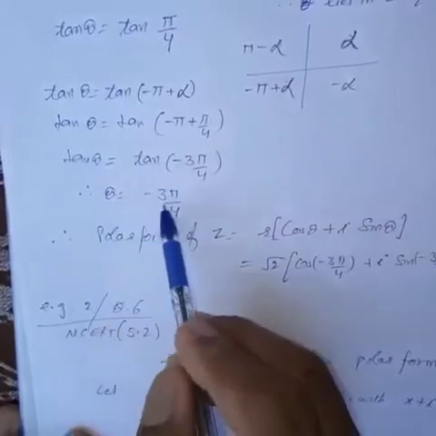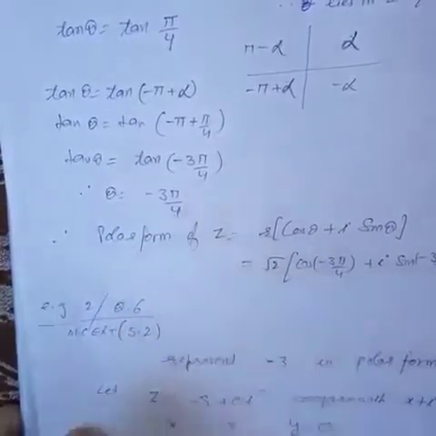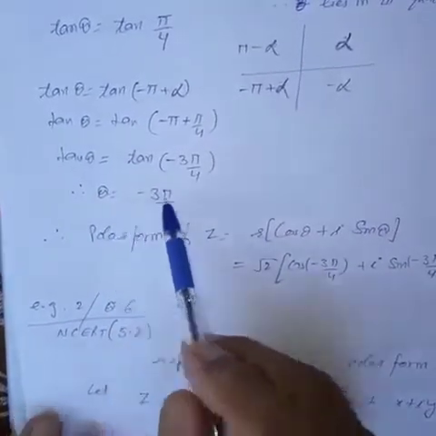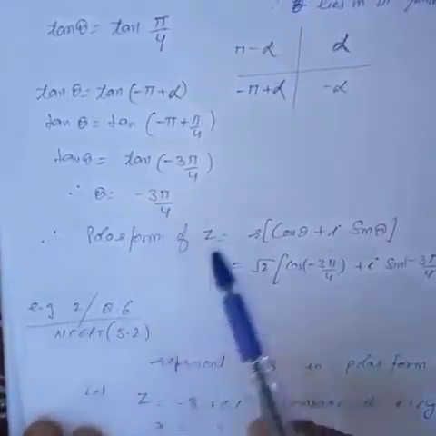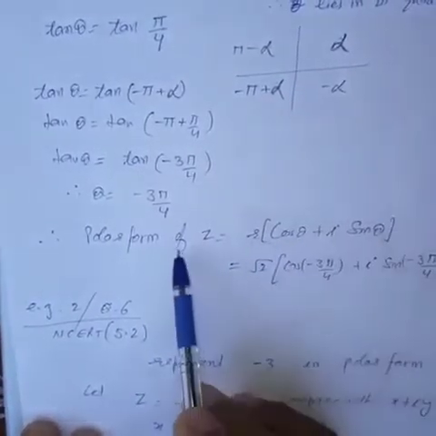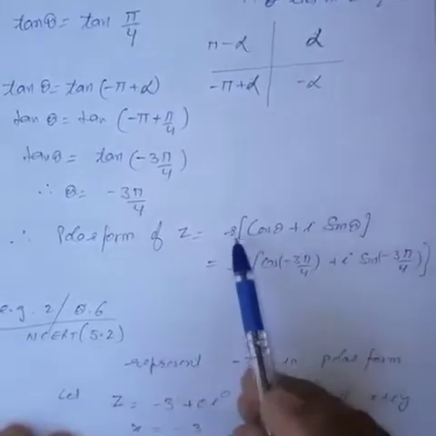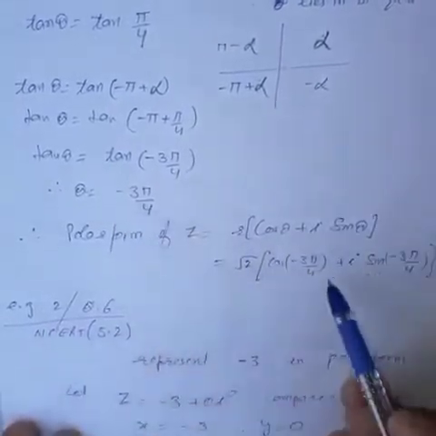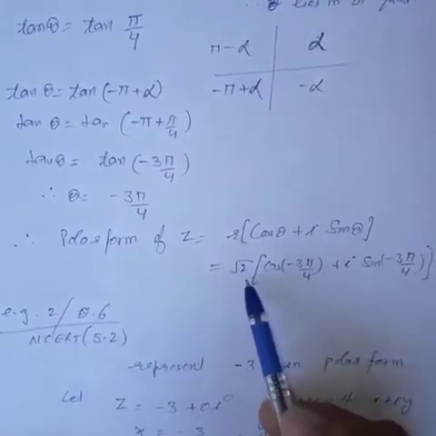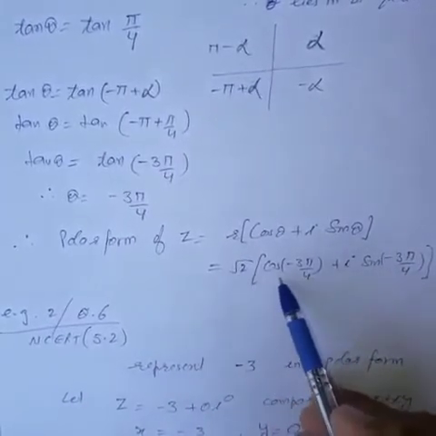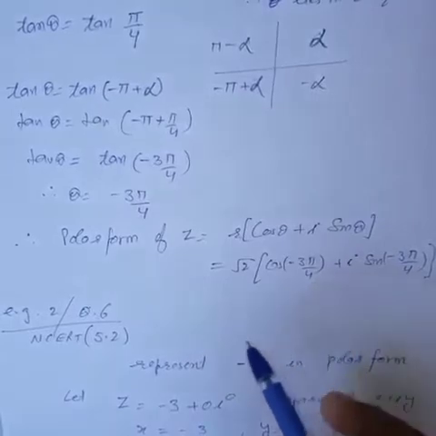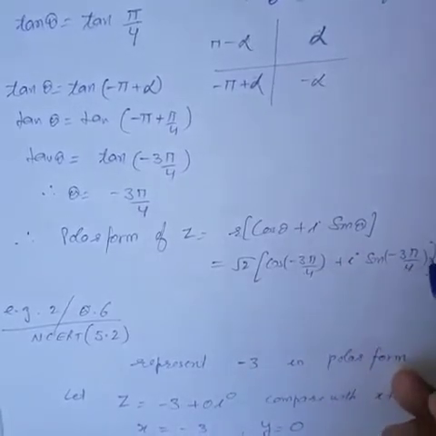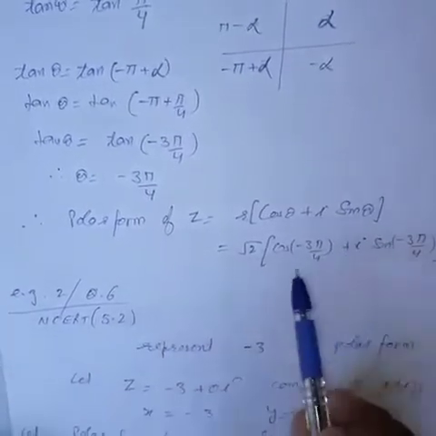This is the argument of z. Now you put the values of r and theta and write the required polar form. r is under root 2, which we have already calculated, and theta is minus 3 pi by 4. So the required polar form is under root 2 into cos minus 3 pi by 4 plus iota sine of minus 3 pi by 4. I think it is clear to you.